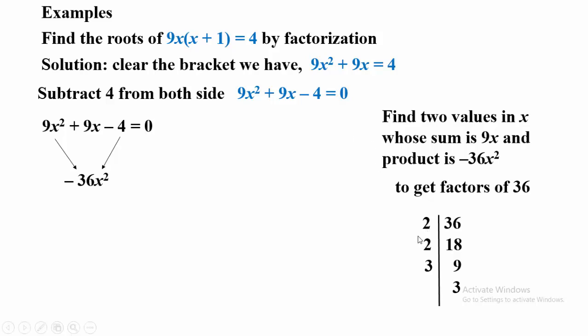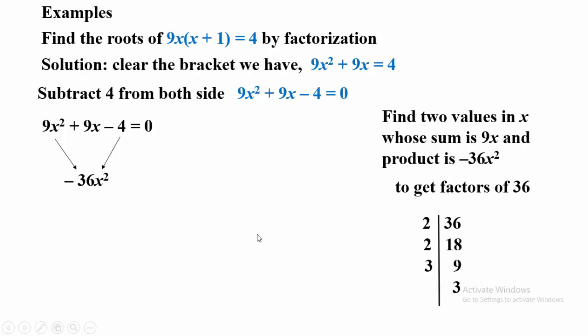The two factors are 4 and 9. If you multiply 4 by 9, we have 36. If we add 4 to 9, we have 13. When you divide 9 by 3, we have 3, which gives another two factors of 2 times 2, 4, 4 times 3, 12. The two factors are 12 and 3. 12 minus 3, we have 9. 12 times 3, we have 36.